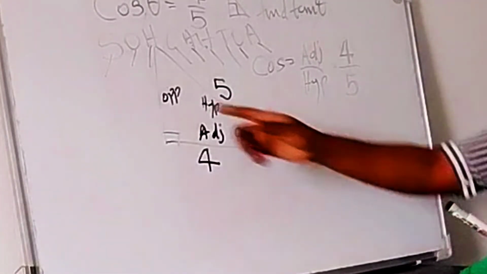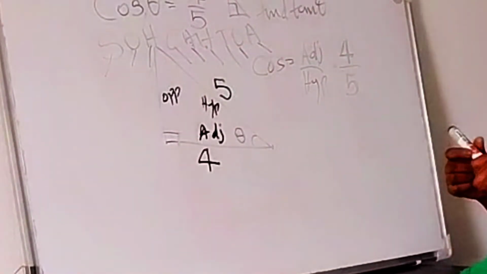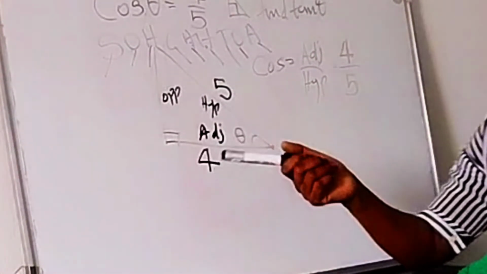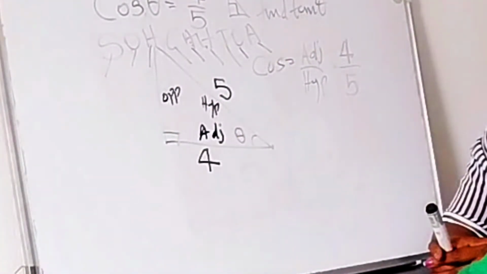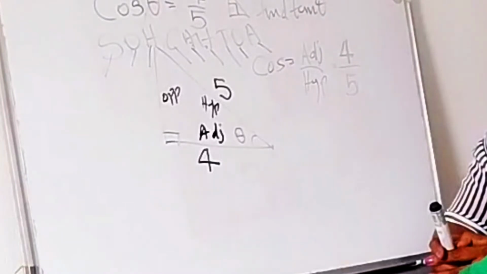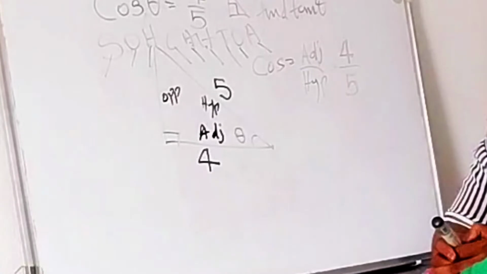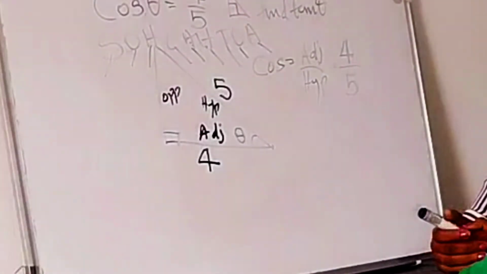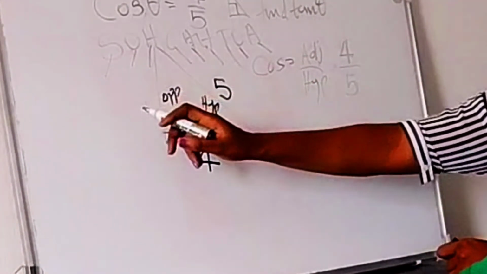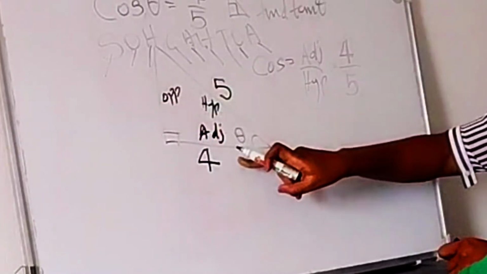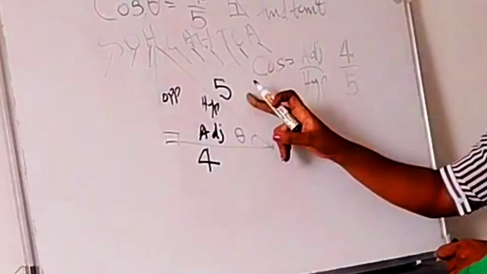So how do we find the opposite? We know that there's another law that can help us find the sides of a right angle triangle. What is that law? Pythagoras theorem. Just remember Pythagoras theorem for right angle triangles. So Pythagoras theorem states that the square of these two sides is equal to the square of the hypotenuse.